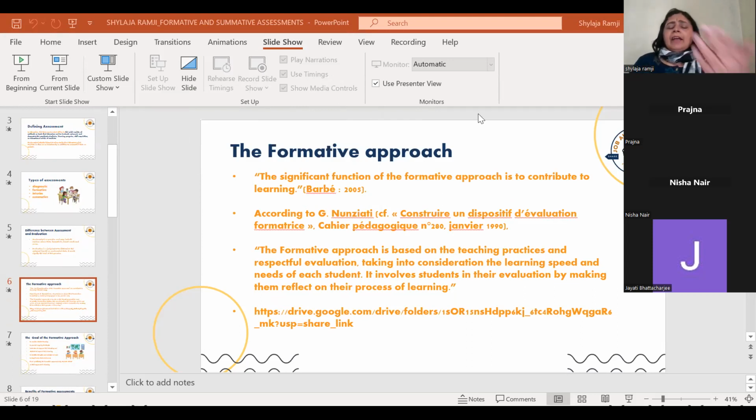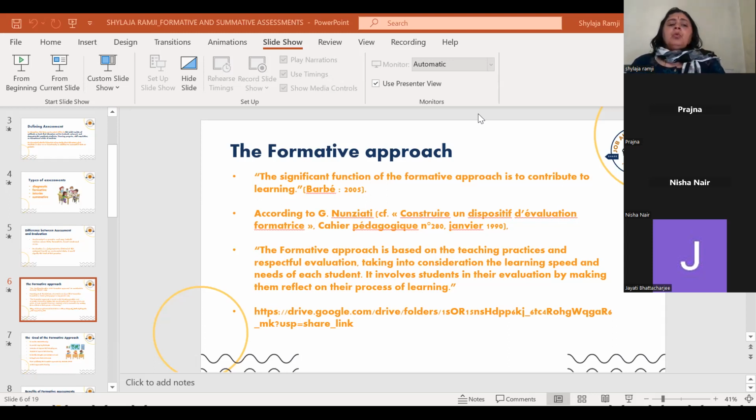So as you can see here, the formative approach is based on teaching practices and respectful evaluation, taking into consideration the learning speed and needs of each student. It involves the students in their evaluation by making them reflect on their process of learning.